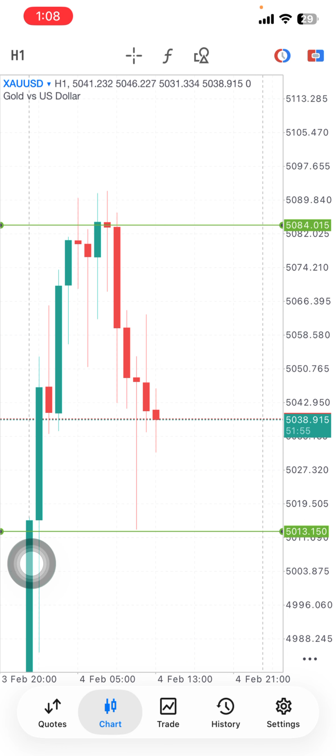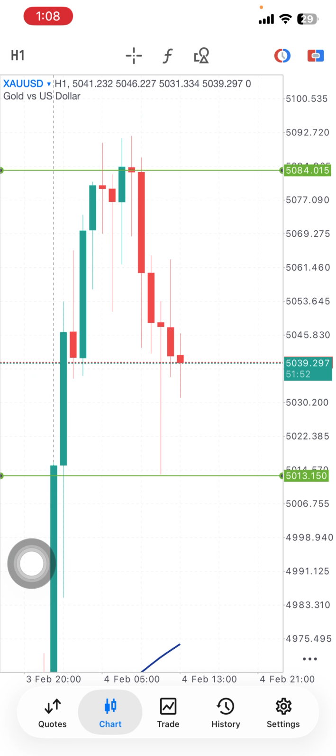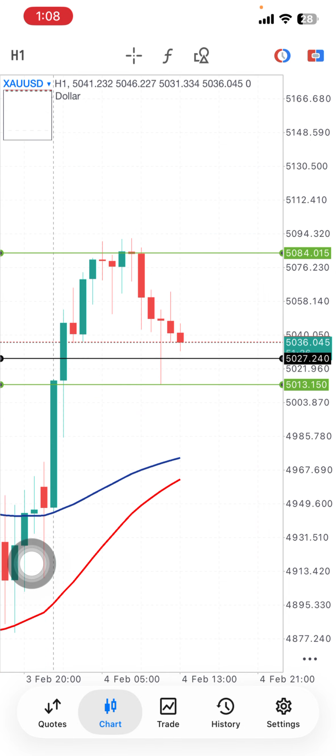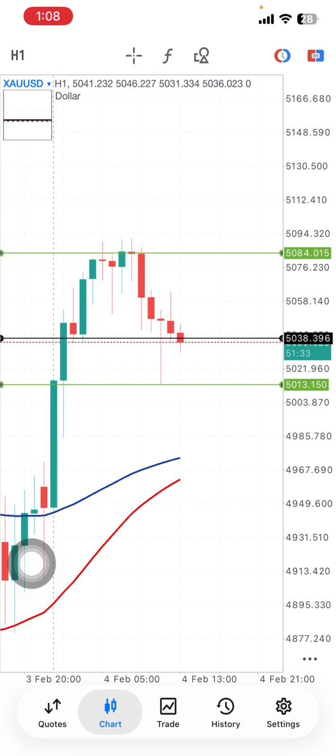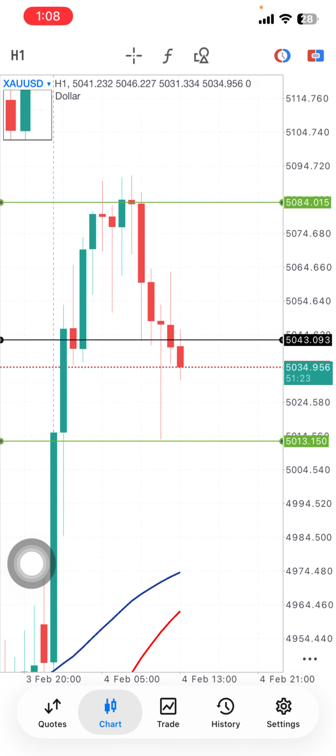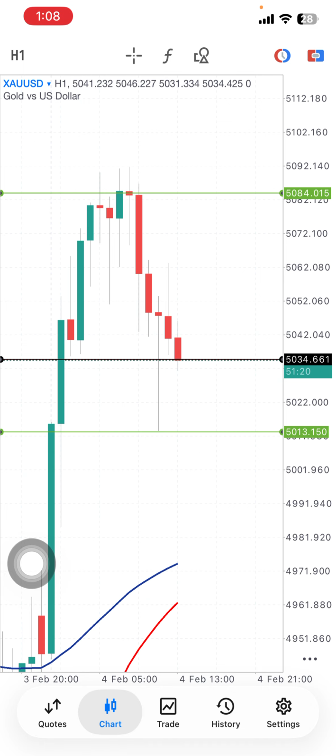You can see clearly on the 1 hour that when the market is pushing to the downside, as it's approaching the area of the rejection, the candlesticks are becoming smaller. And don't forget that this particular area here is a demand area, because looking at the 1-hour charts, the market pushed strong to the upside before the reversal started.